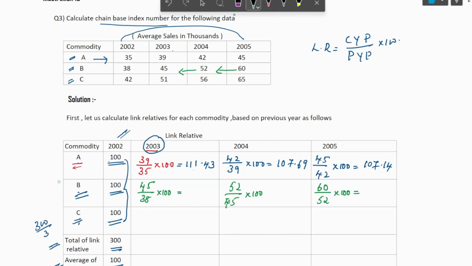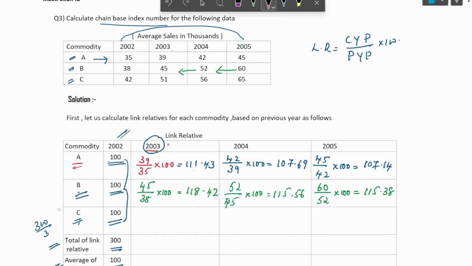Therefore, calculate the values here: 118.42, 115.56, and next 115.38. Therefore, you have calculated the link relative of commodity B also.